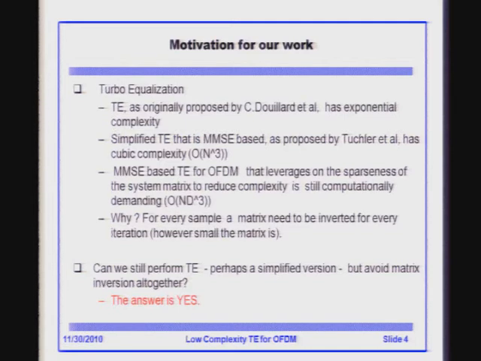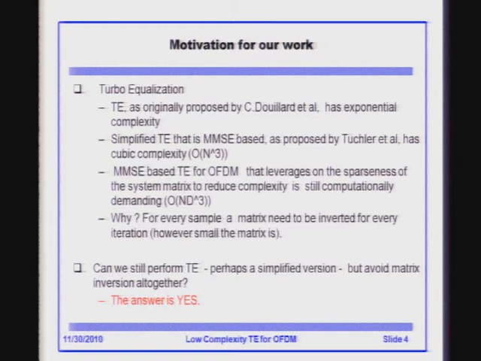It had cubic complexity, mainly because of a matrix inversion involved. Then the idea was further enhanced for OFDM-based systems, and the computation complexity was cut down a lot by making use of the sparseness of the system matrix. We will see shortly how.